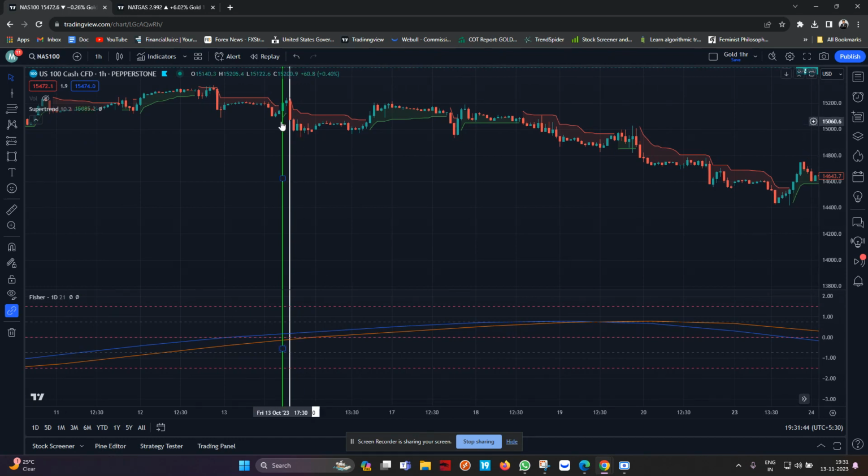I also just wanted to show this. There might be trades like this, which might whipsaw quickly, and there might be some advice for the traders as well.